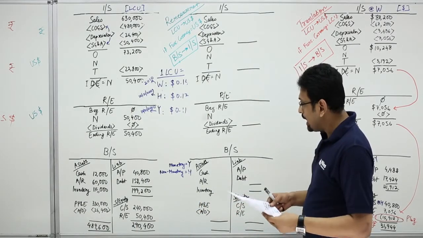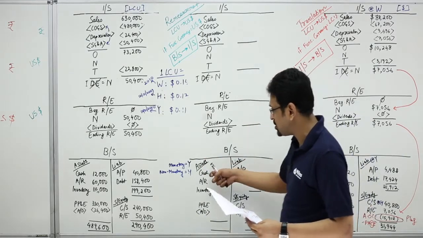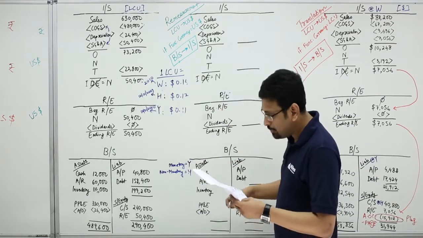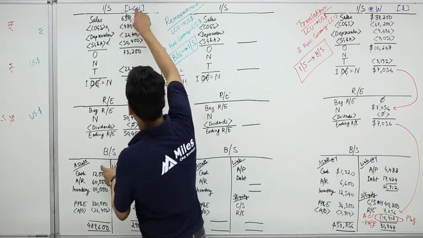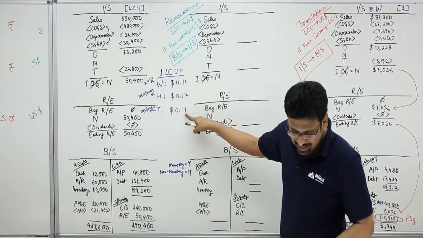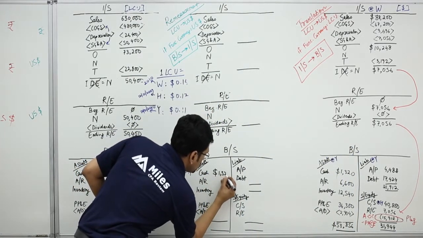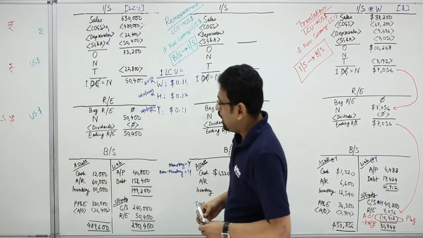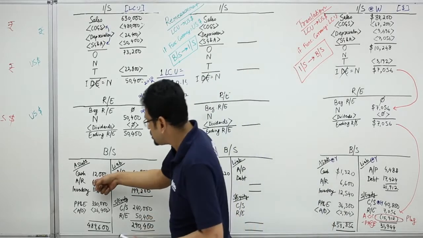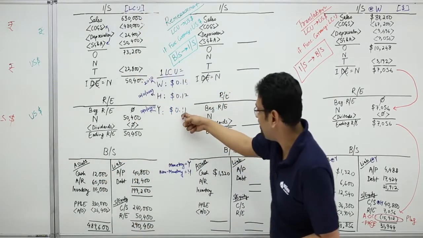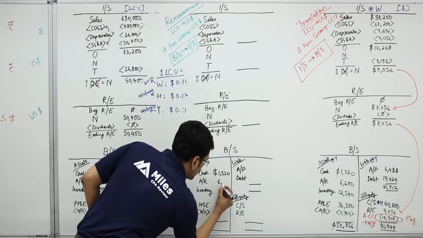So we're looking at monetary versus non-monetary assets and liabilities. Cash, that's monetary, so we're going to use the year-end exchange rate. So 12,000 local currency units into 11 cents gives us $1,320. Accounts receivable, that's monetary, so year-end exchange rate: 60,000 local currency units into 11 cents gives us $6,600.